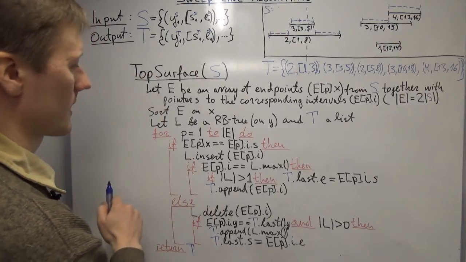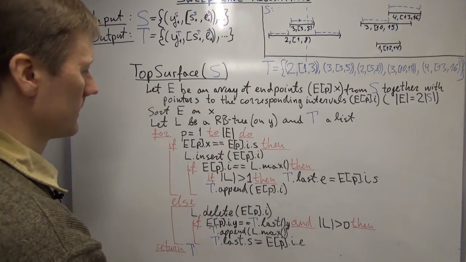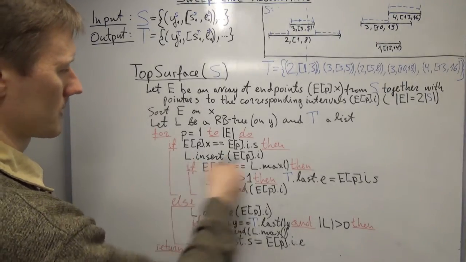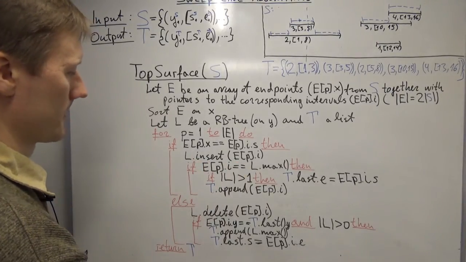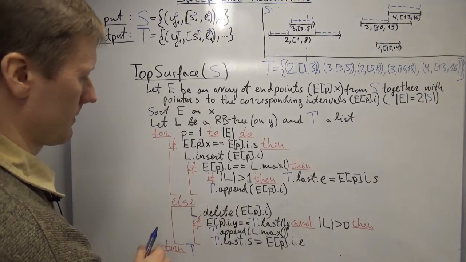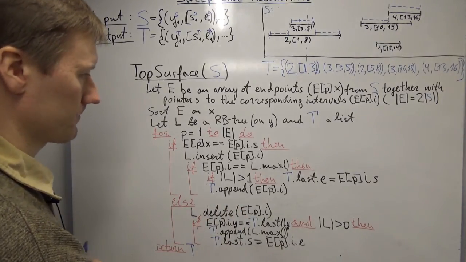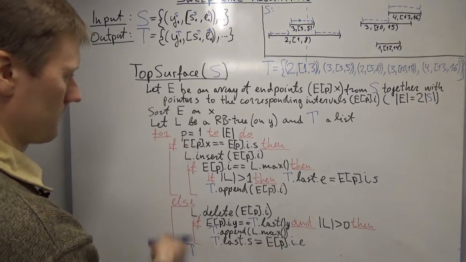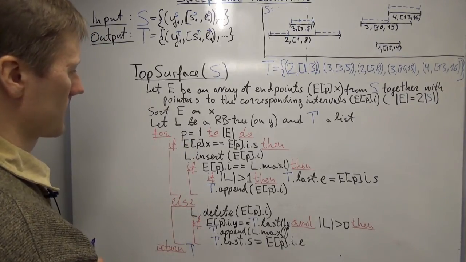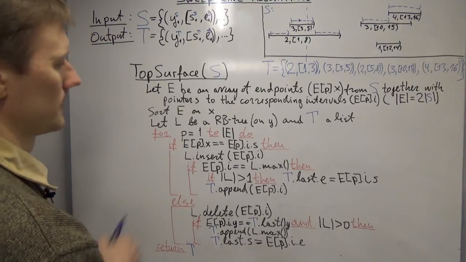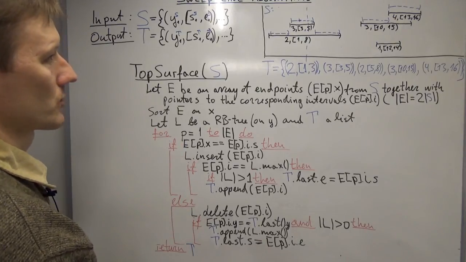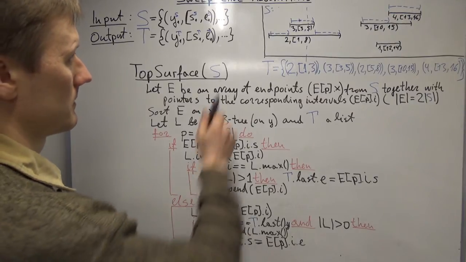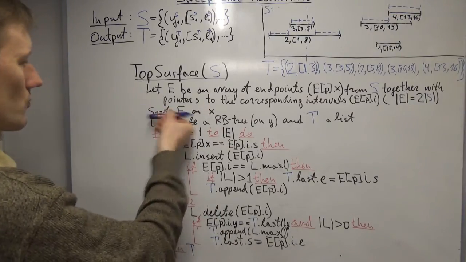In the worst case, there can be n intervals in the sweep line status, so all of these in the worst case take log n time, and these appends take constant time. So all in all, this loop takes n log n to process if there are n intervals, and this also takes n log n.